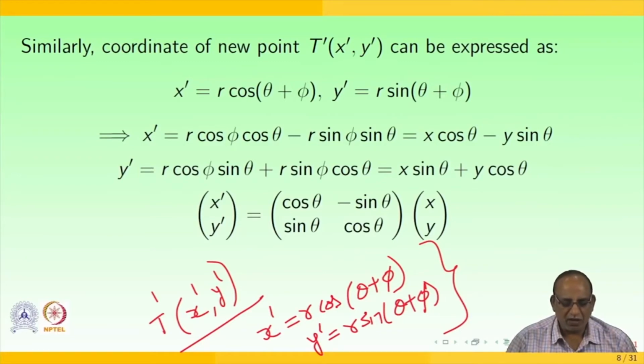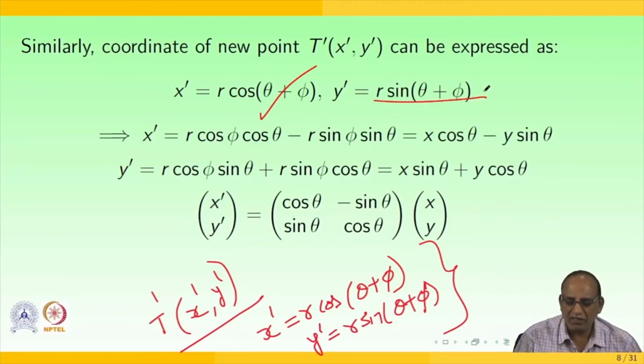Expanding this, x prime is r cos phi cos theta minus r sin theta sin phi, which can be written as x cos theta minus y sin theta.